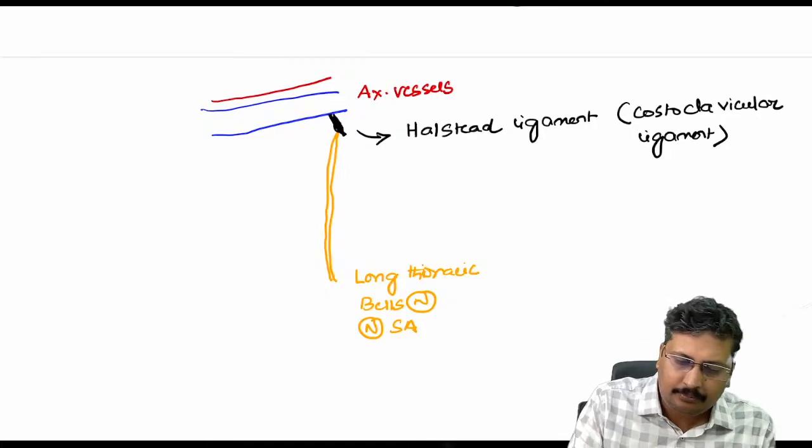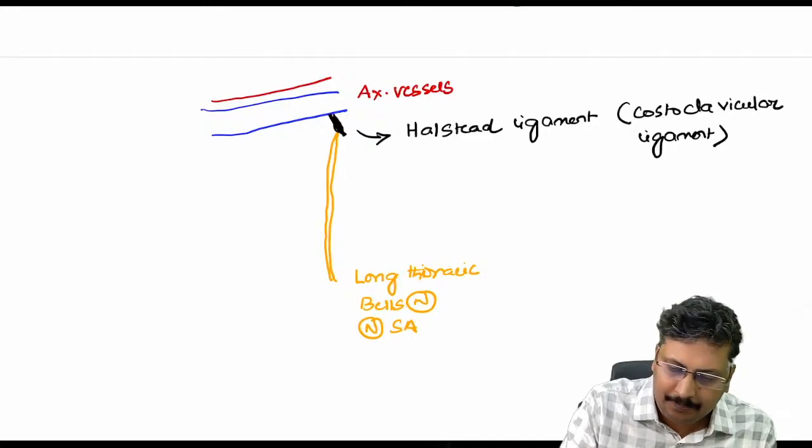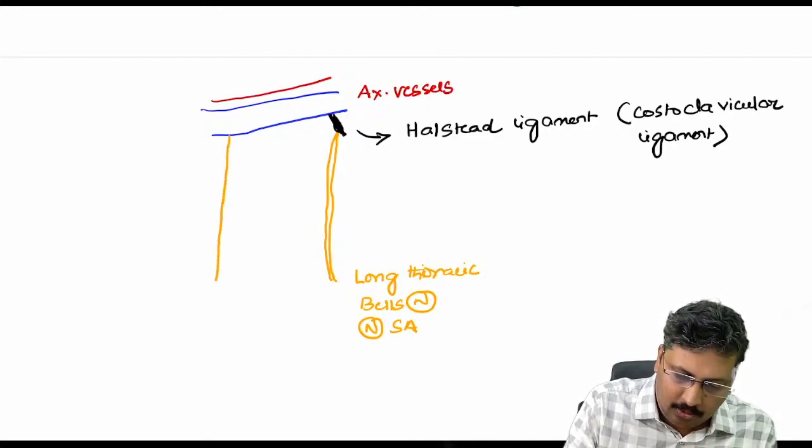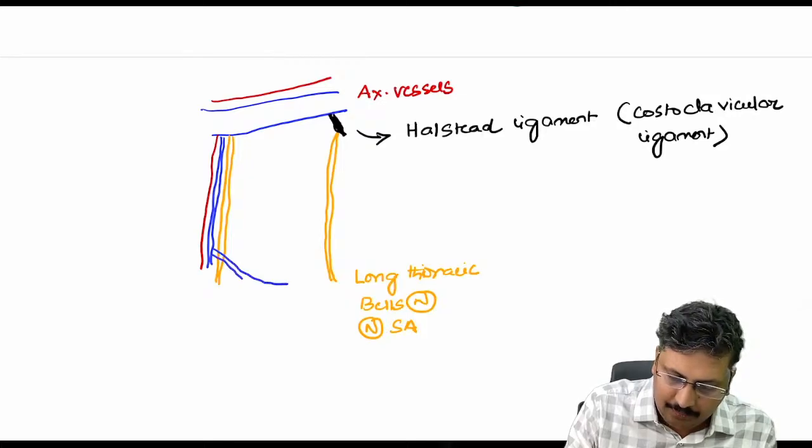And laterally it is the thoracodorsal pedicle, which includes the thoracodorsal nerve, thoracodorsal vein and thoracodorsal artery. And inferiorly it is the angular vein or chest wall branch of the vein.